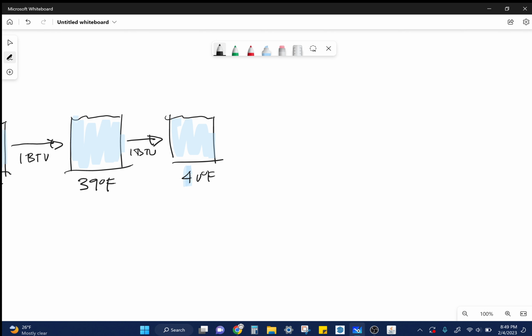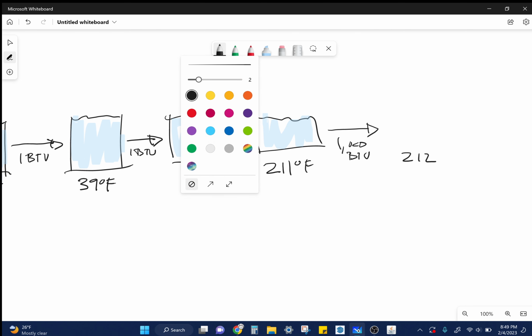Now, if we get to 211 degrees Fahrenheit, and here's our water, it's going to take us 1,000 BTUs to raise this to 212, because that's going to involve a change of state.